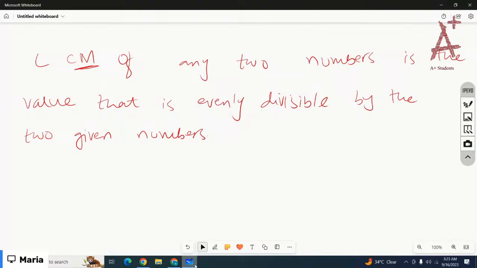Okay, so now we're going to see what multiples are, right? Multiples are what you get when you multiply a number with another number. Let me write down the definition.